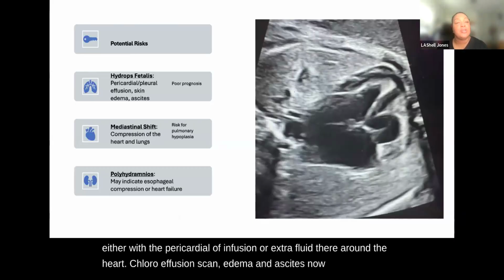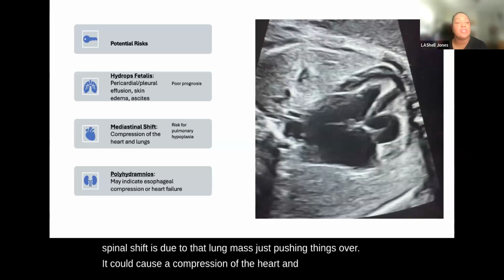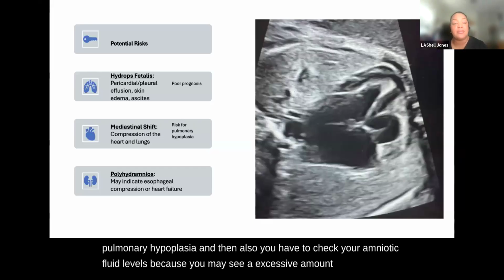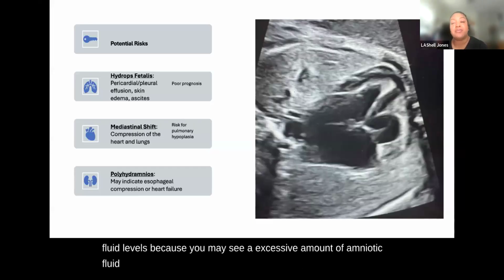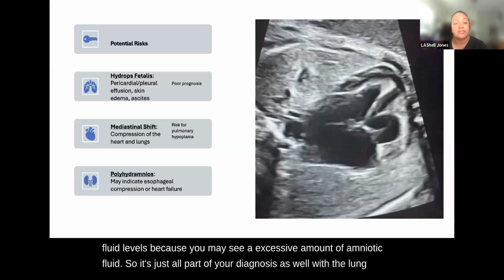Now, the mediastinal shift is due to that lung mass just pushing things over. It could cause a compression of the heart and lungs. This risk is for pulmonary hypoplasia. And then also, you have to check your amniotic fluid levels because you may see an excessive amount of amniotic fluid. So it's all part of your diagnosing as well with the lung lesions.